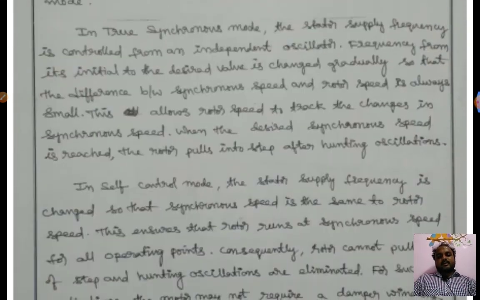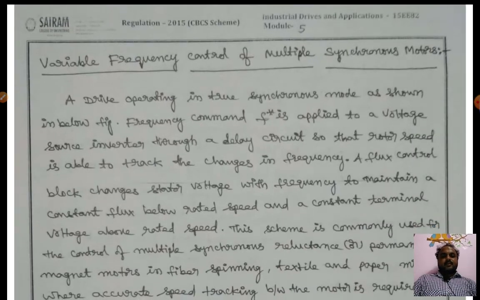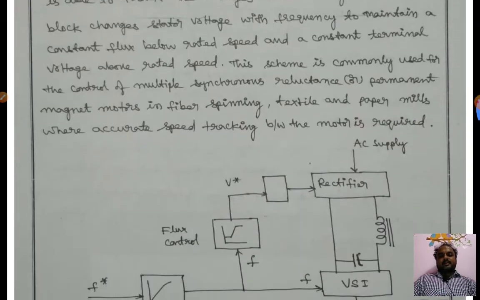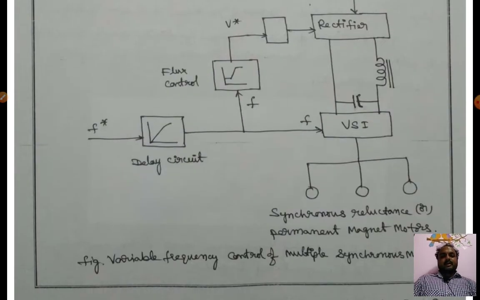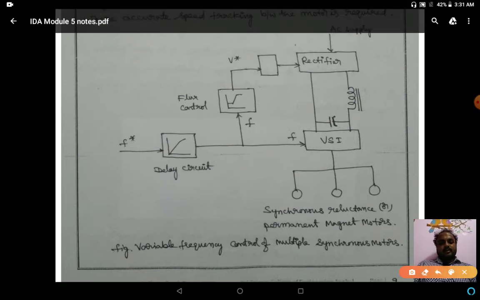Next we'll see the variable frequency control of multiple synchronous motors. If you have a number of drives, how can we control them? Here you can see the block diagram. We have 3 drives here.